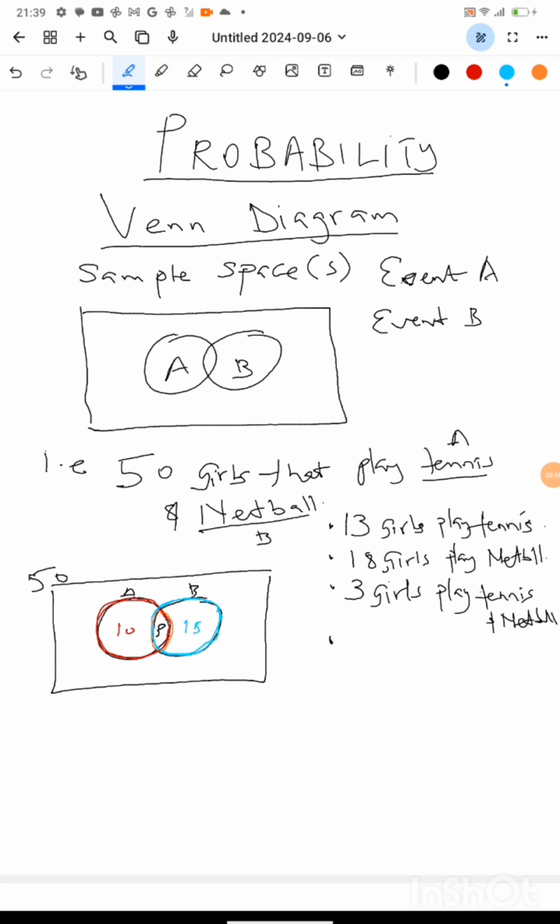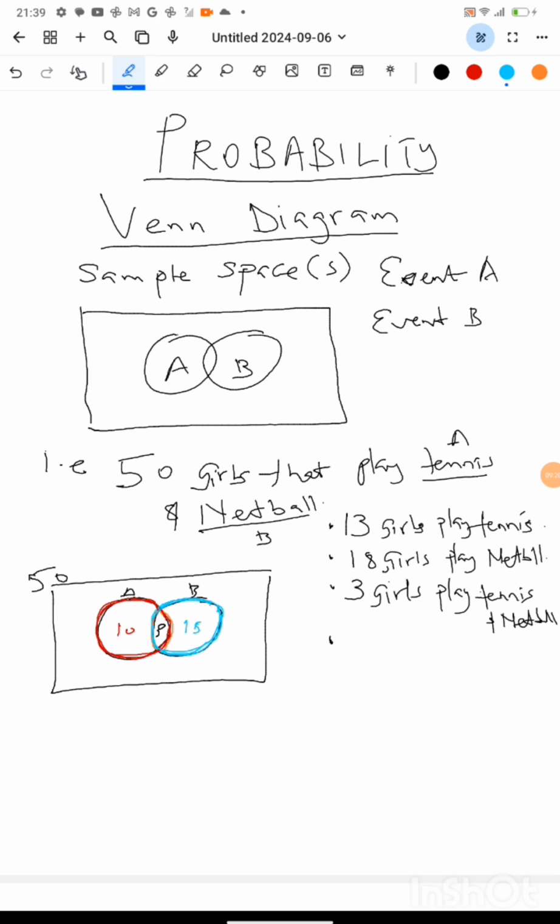Right? So when you go back and look at the red circle, you can see that you have a total of 13 girls that play tennis, 10 plus 3. And then you also have a total of 18 girls that play netball. Right?